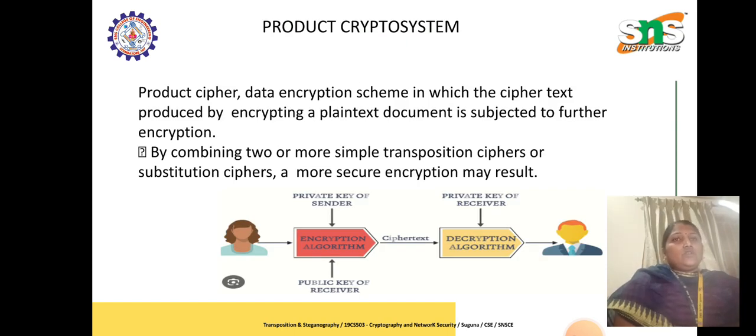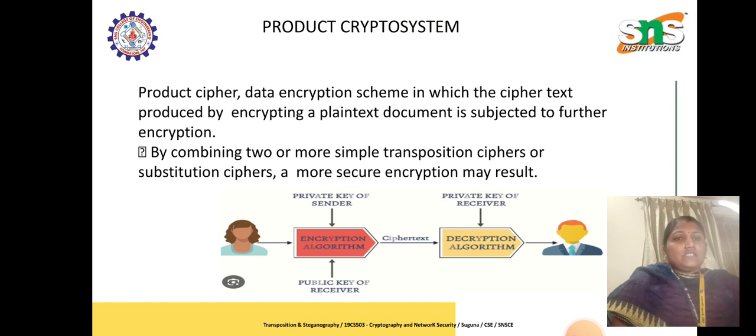Next we are going to see about the product crypto system. What does product crypto system mean? It is a data encryption technique where the ciphertext is obtained by encrypting the plain text document which is subjected to encryption. A product crypto system is an integration of both substitution techniques and transposition techniques.